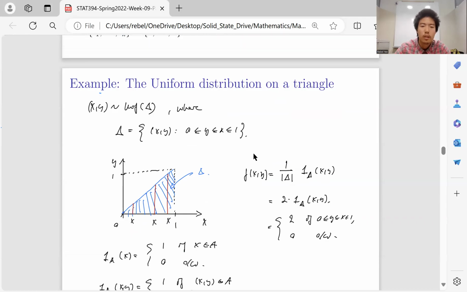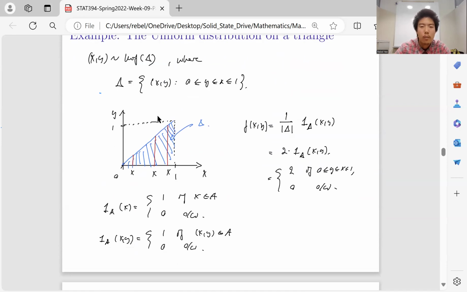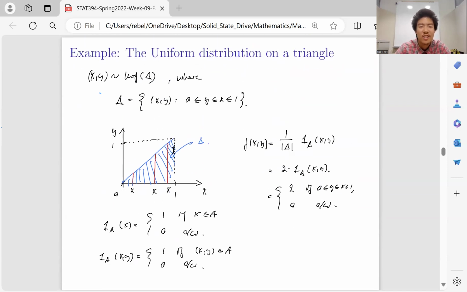So let's see one example of the uniform distribution on a triangle. First, what triangle are we talking about? This triangle is the region in the unit square with one condition: x is larger than or equal to y. So only in this region is x larger than or equal to y. So this is a triangle. First, we can calculate the area of this triangle, which is 1/2.